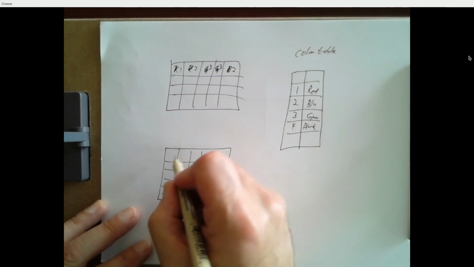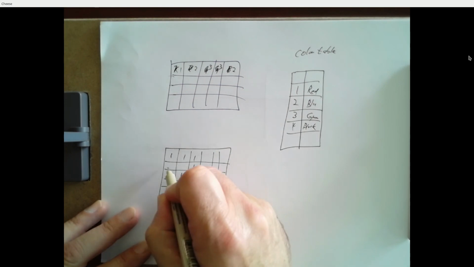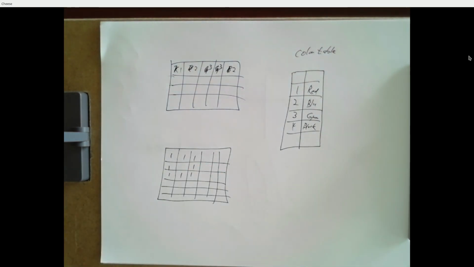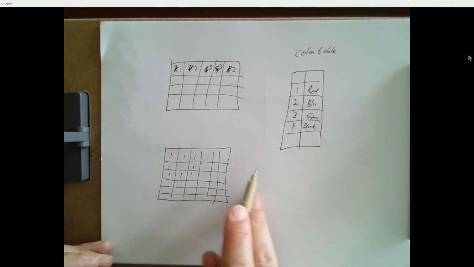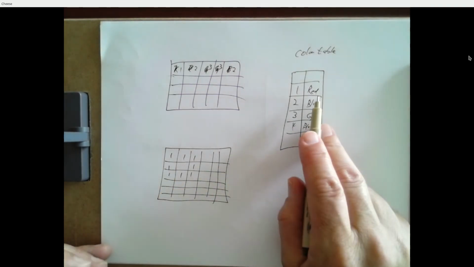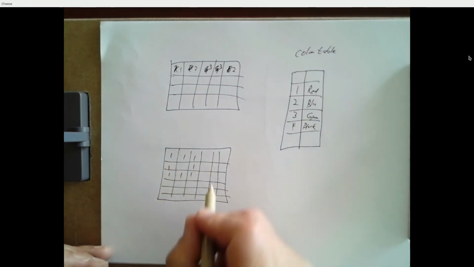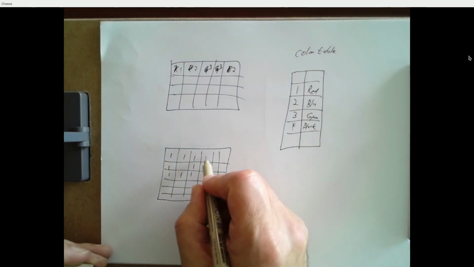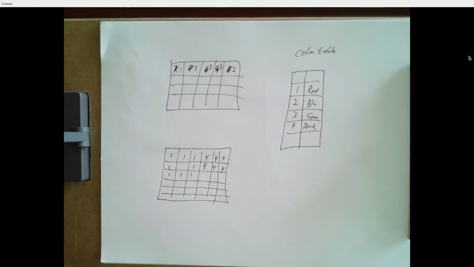So we might paint our pixels like this, and each of these pixels has a 1 on it, and as the display is being refreshed, it sees a 1 in the memory here. It goes to the lookup table and says 1 is red, and so it paints that red. And it comes over here and it sees that these are 4s, and so it paints those black.